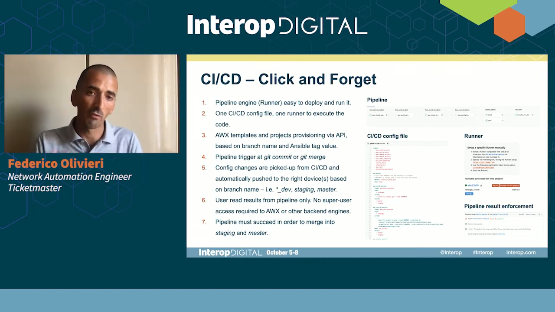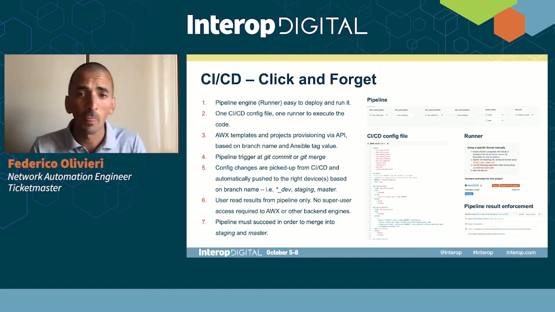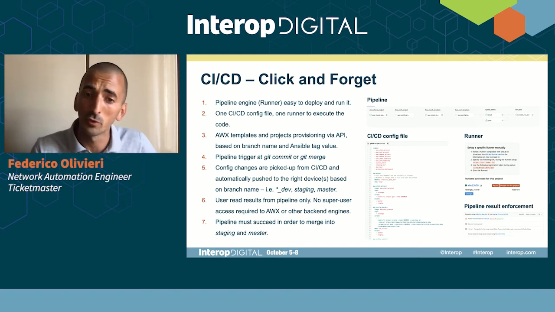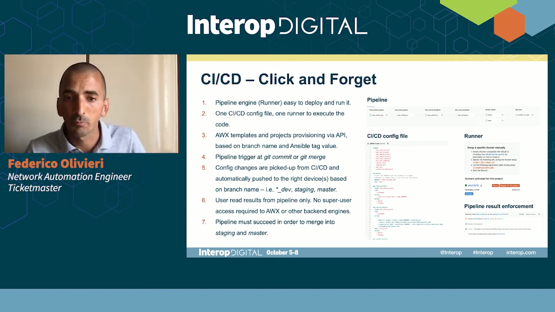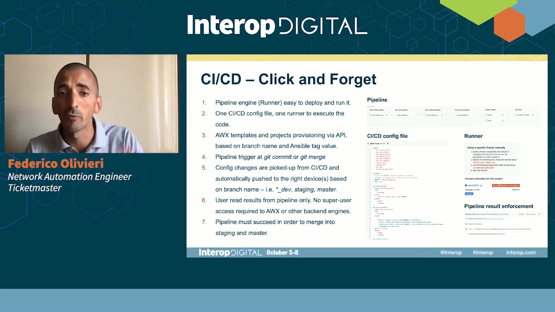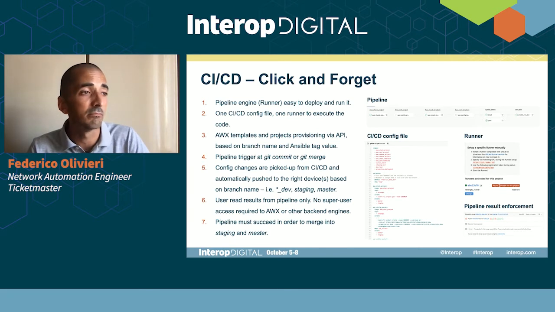Like I was saying, we have a GitLab runner that is the engine. It's very easy to configure because it's provisioned by a YAML file. So with a YAML file called gitlab-ci.yaml, you can basically instruct the pipeline and tell it what to do. The runner is the engine, and it's very easy to deploy.